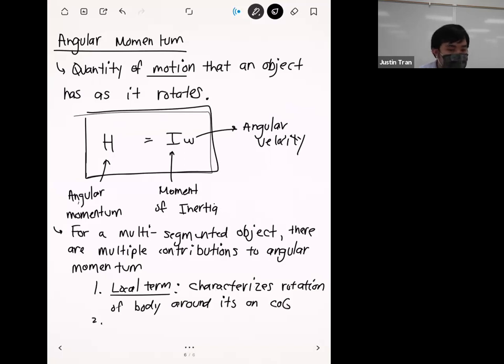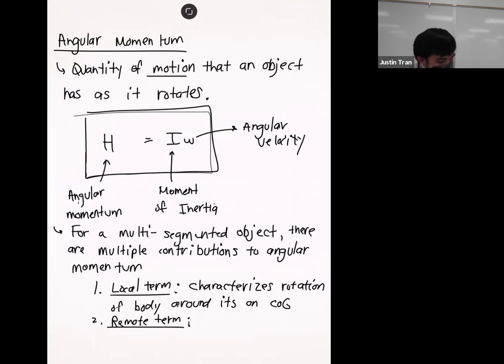And so COG there stands for center of gravity. Okay. Okay. And so the other component is known as the remote term. Okay. And so what this does is it characterizes the rotation of the body itself around the total center of gravity. Okay.